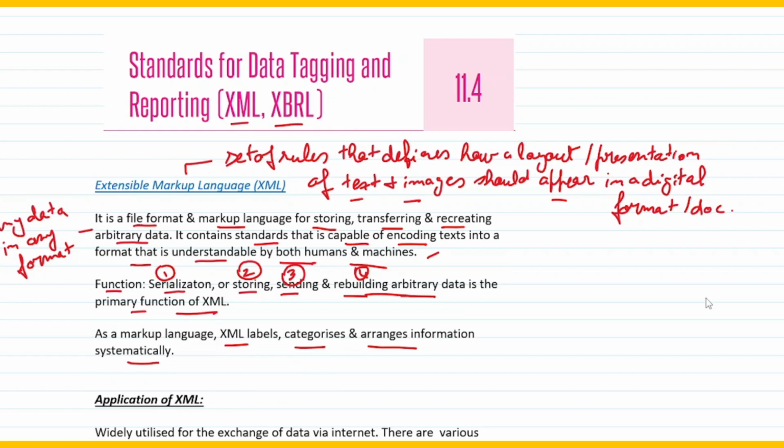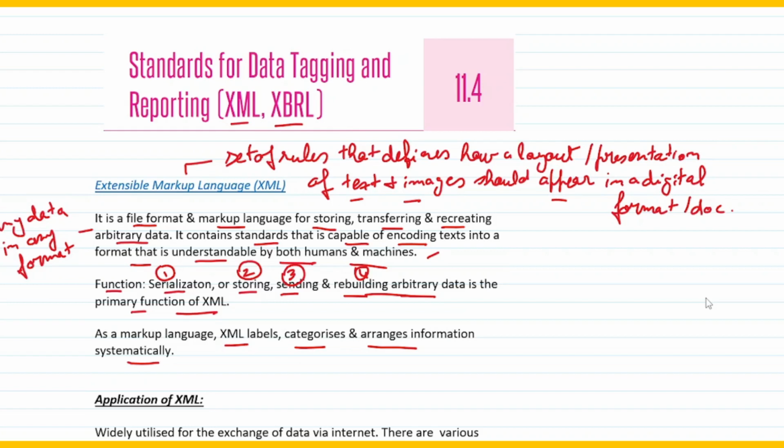So let's revise it once again. What is extensible markup language? Before we start, let's know what exactly a markup language is. A markup language is basically a set of rules that defines how a layout or a presentation of text and images should appear in a digital format or document. Fine. XML is a file format and a markup language for storing, transferring and recreating arbitrary data.